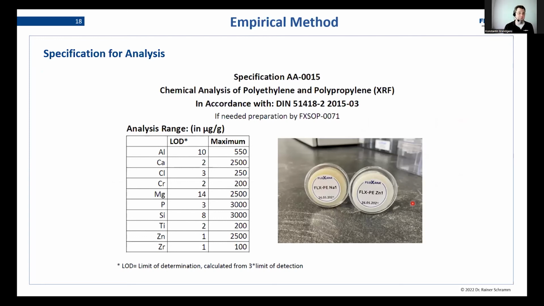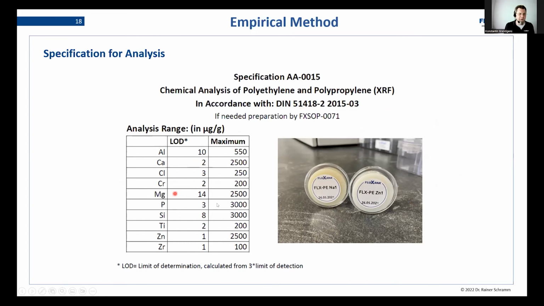An example for the other way is from our list of services, if we want to call it like this. We have a specification for these analyses where we can analyze polyethylene and polypropylene in accordance with that norm.